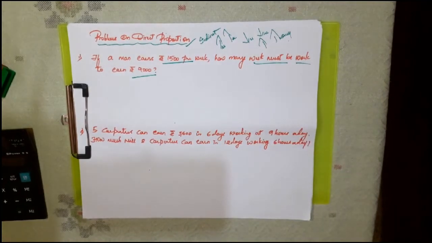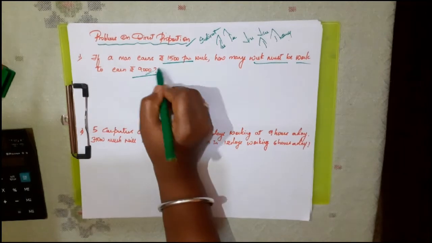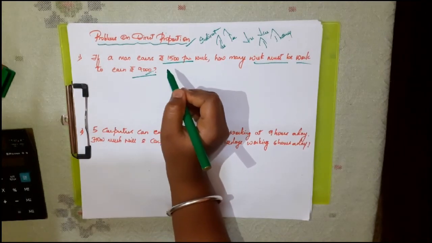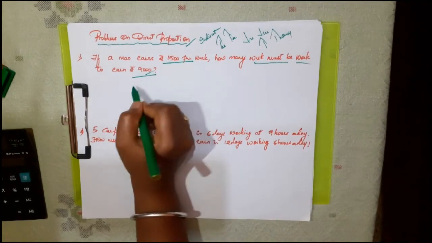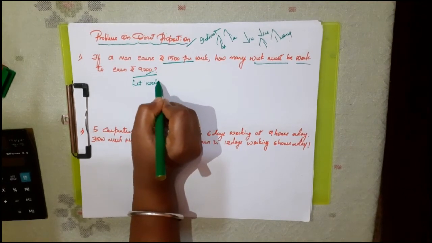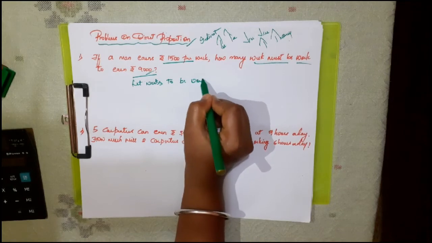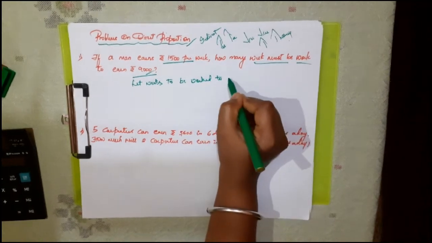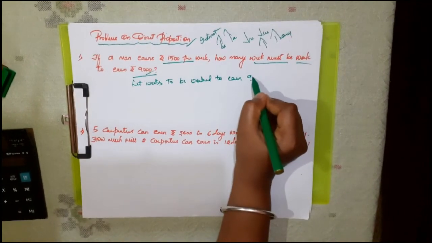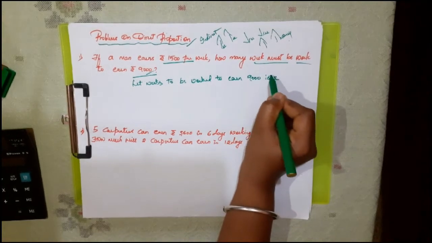So here the man is earning 1500 in a week, and how many weeks does he have to work to get 9000? So here we are writing the information. Let the weeks to be worked to earn 9000 be X. We are assuming this as X.